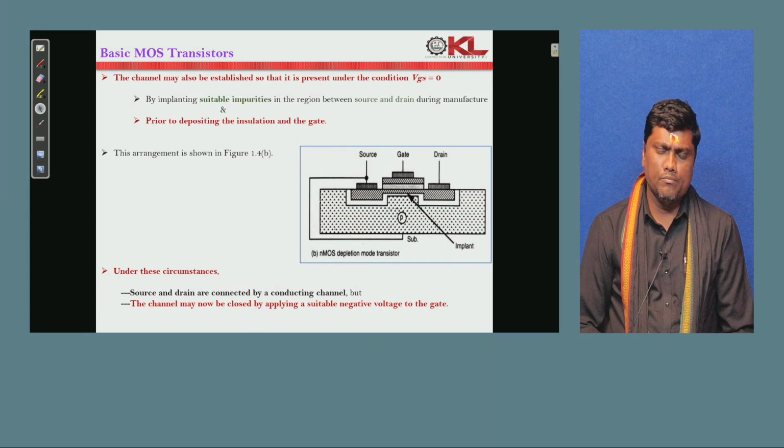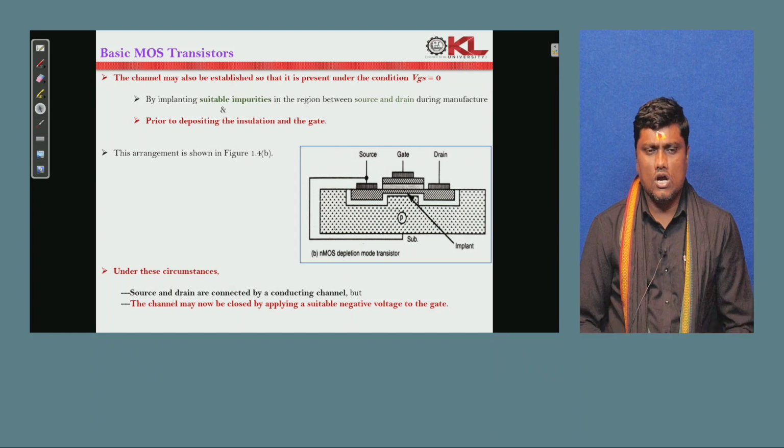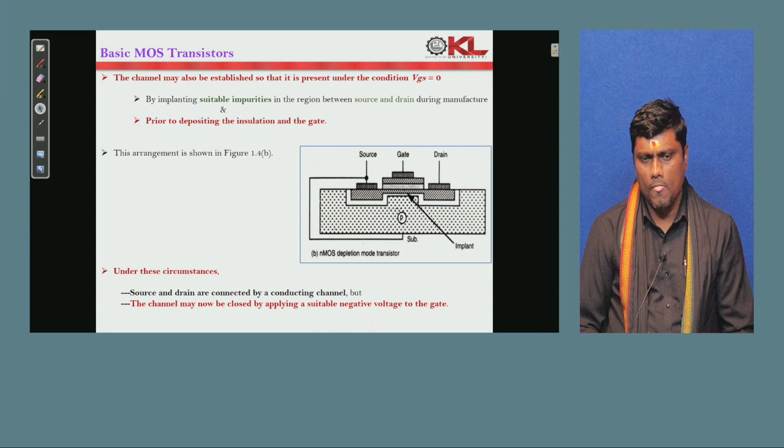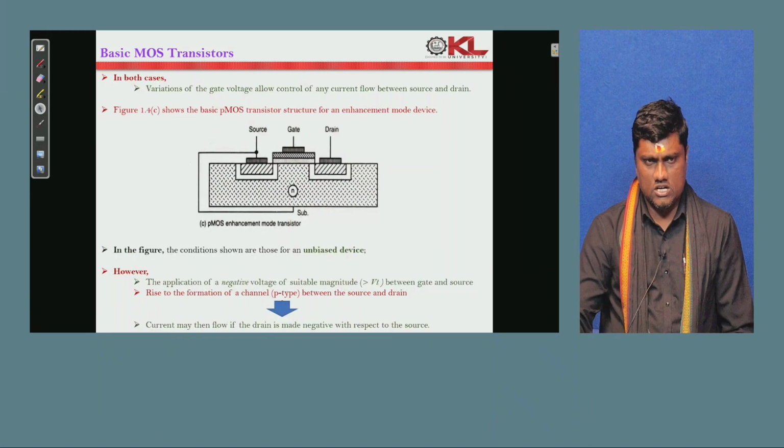So from the starting condition, that is VGS is 0, there is a channel inside. Under these circumstances the source and the drain are connected by a conducting channel, but the channel can be closed by applying a suitable negative voltage to the gate-source in the case of the NMOS depletion mode transistor.